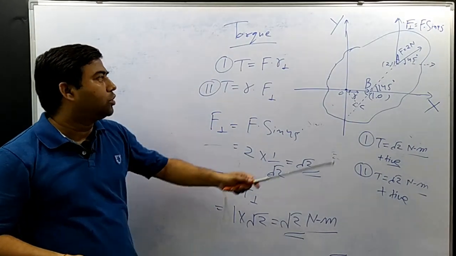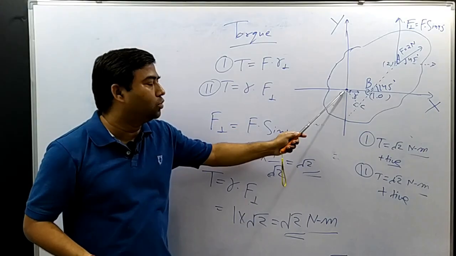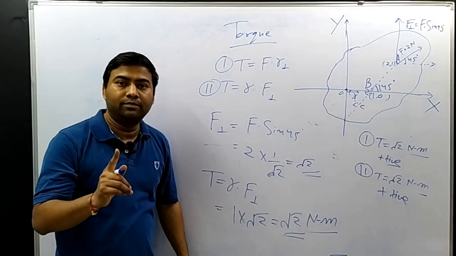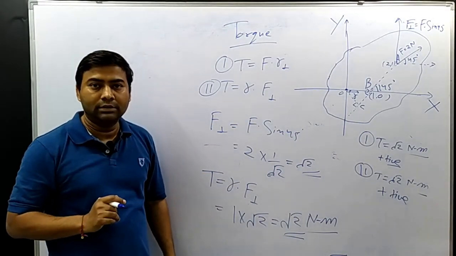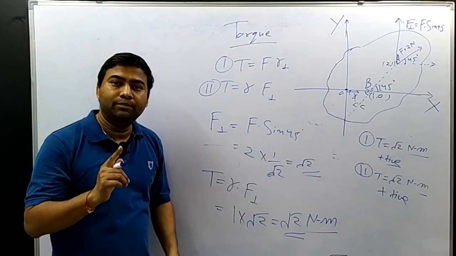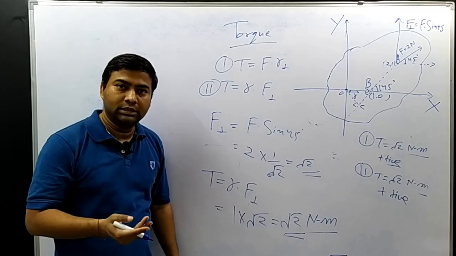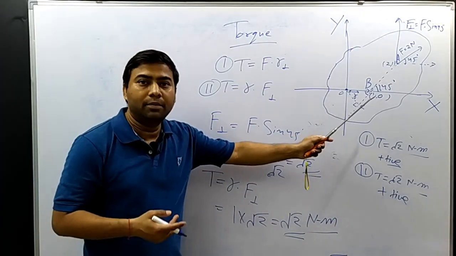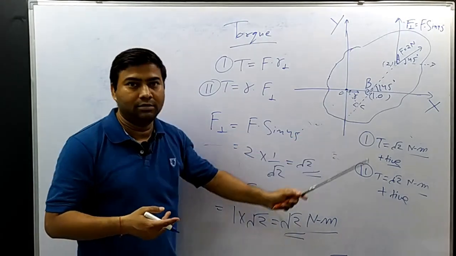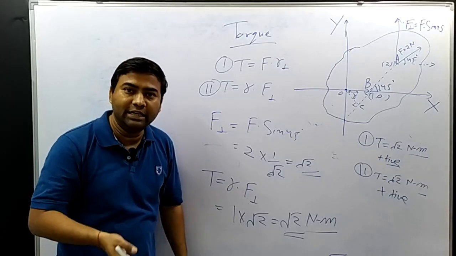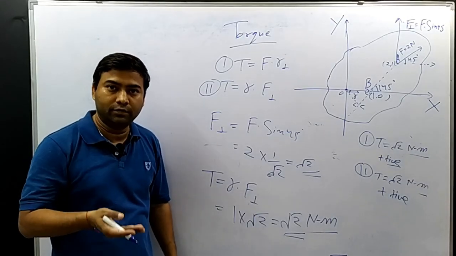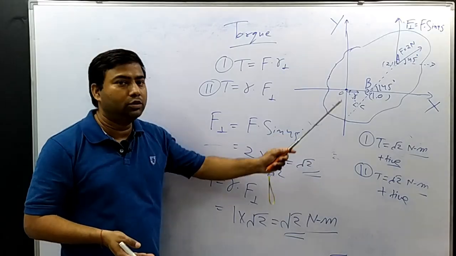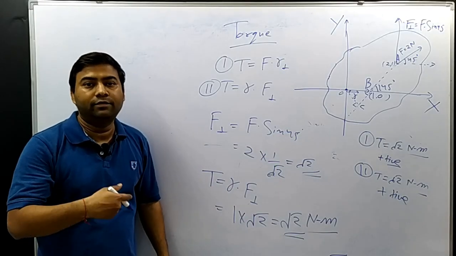So we have found the torque of force F with respect to O, first by finding the arm of lever, second by finding the perpendicular component of force with respect to any vector R, which is the position vector of any point on the line of action of the force with respect to point O, about which we are finding torque.